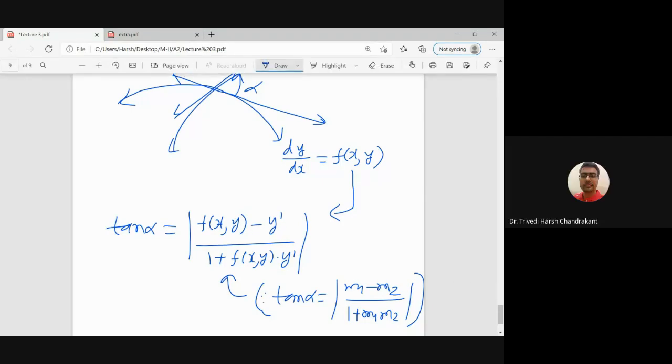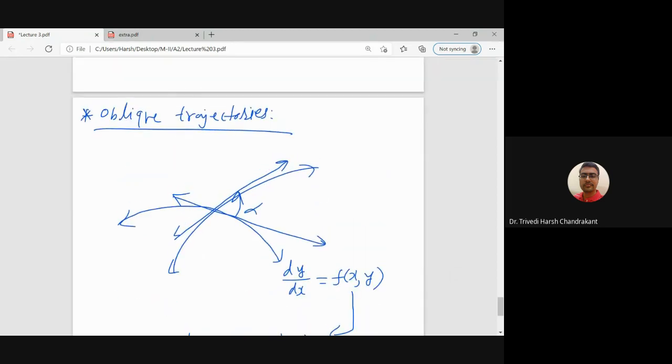Yeah. So basically, to find oblique trajectories, that means we need to find the curve. Let's say this one is the given curve. We want to find the other curve which forms alpha angle with the first curve in the first family.